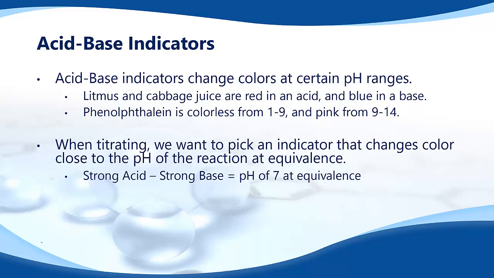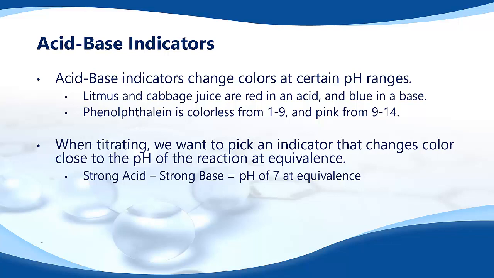If we're working with, say, a strong acid and a weak base, the acid is stronger, therefore the pH at the end will be a little bit more on the acidic side, so less than 7. Similarly, if we had a weak acid with a strong base, like vinegar and sodium hydroxide, that reaction, the base is stronger, so that wins.